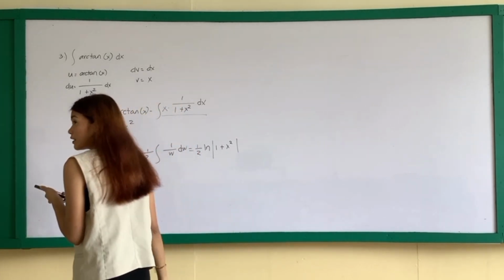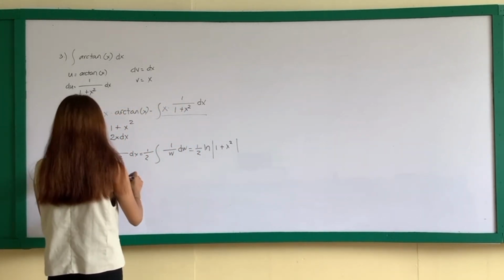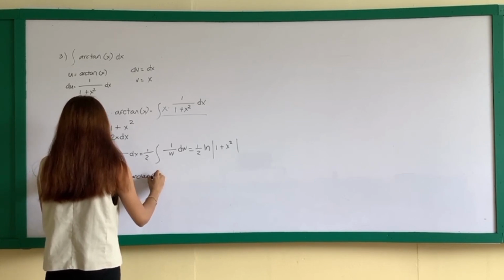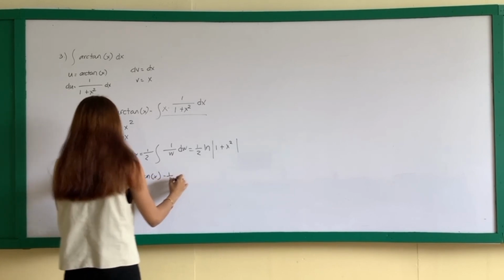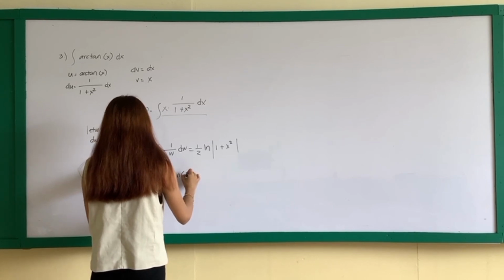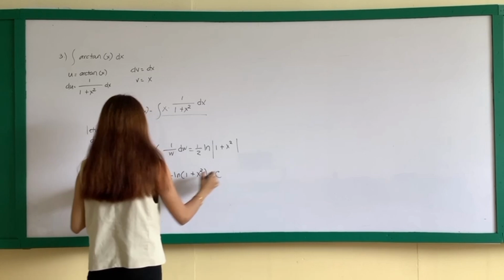And our final answer is x arctan x minus 1 half ln of 1 plus x squared plus c.